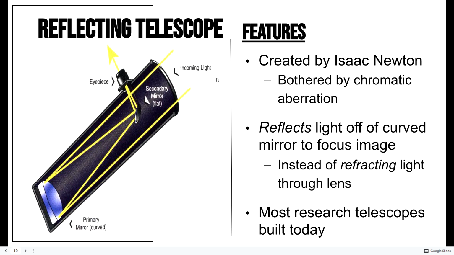They're built this way with the reflecting telescope. These can be massive. There are research telescopes out there that are gigantic, several tens of feet wide. The main observatories have gigantic reflecting telescopes that they look through.